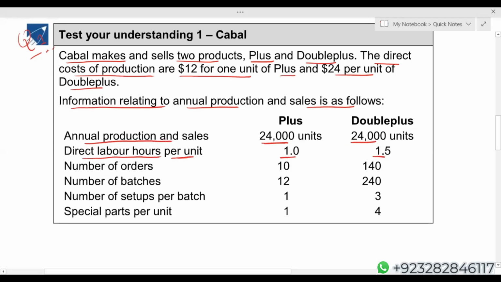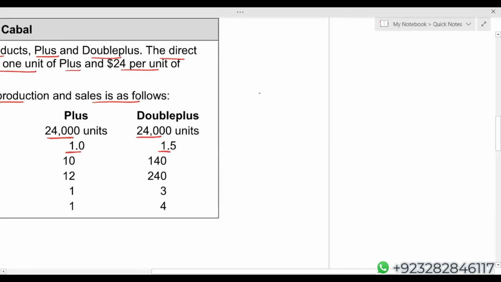In absorption costing, we know that, how do we calculate the FOH rate? Simply, FOH rate is equal to budgeted fixed overheads divided by budgeted activity level.